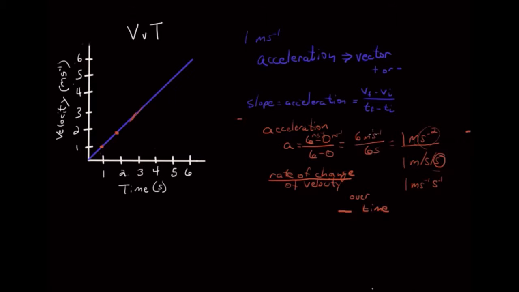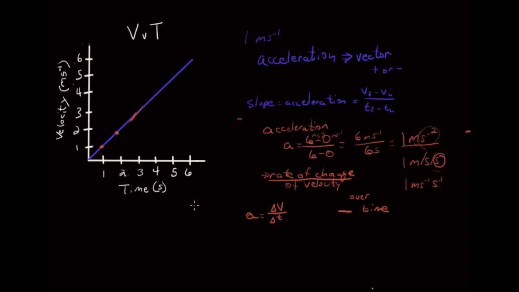Acceleration equals change in velocity, delta v, over change in time. Okay, so that is exactly what acceleration is. That's exactly what a slope is when you have time on the x-axis, a rate of change. All right, so that's how the slope of velocity is the acceleration.